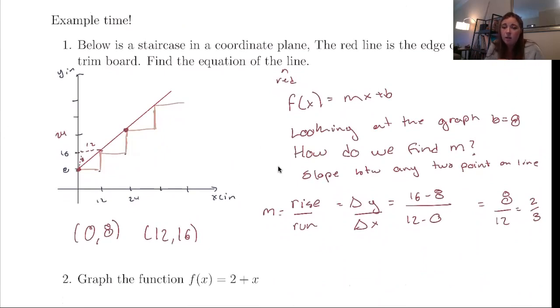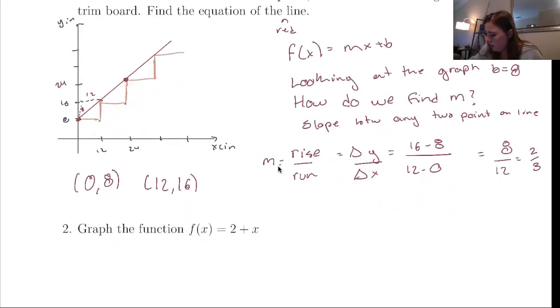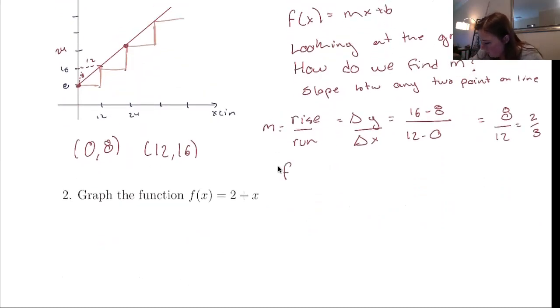If it's not, I really just need to find the slope between 2 points to find M. And then, actually, no, I do need to find B. It's not going to be given. Yeah, I would find the initial condition and then find the slope between 2 points. Bada bing, bada boom. You're done. Oh, we're not done because we didn't write our function. F of x equals 2/3 x plus 8. There we go.